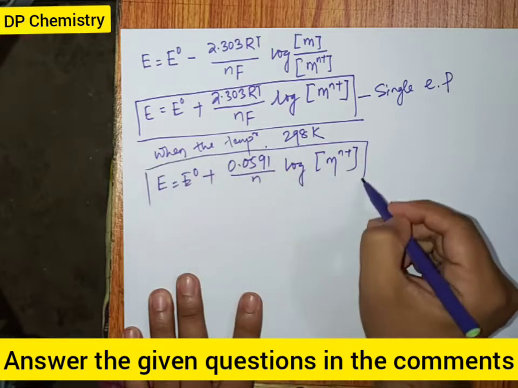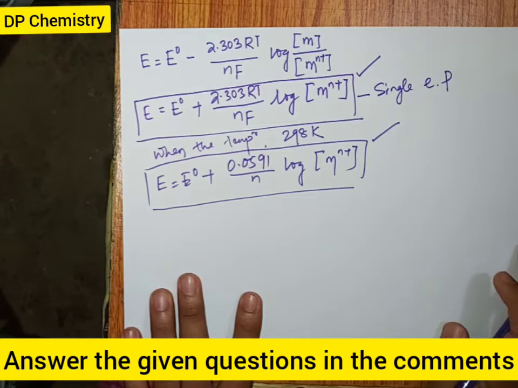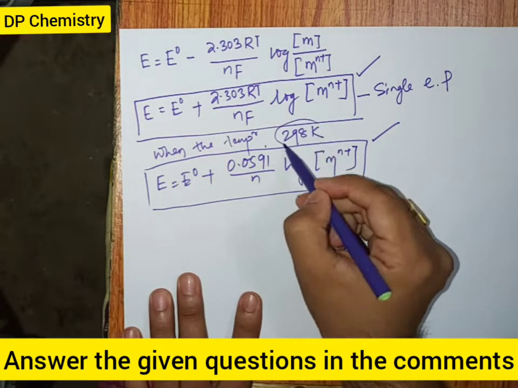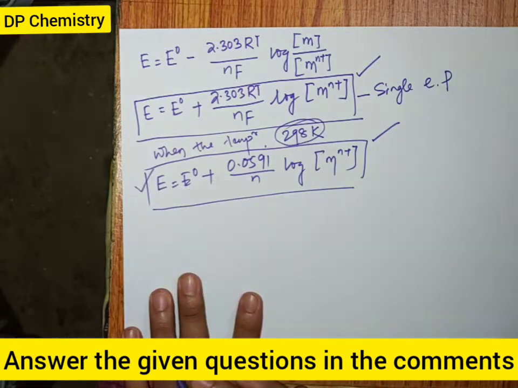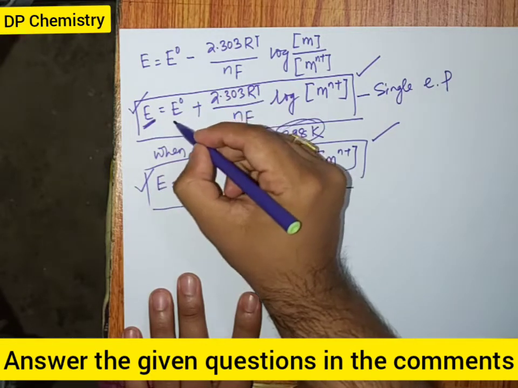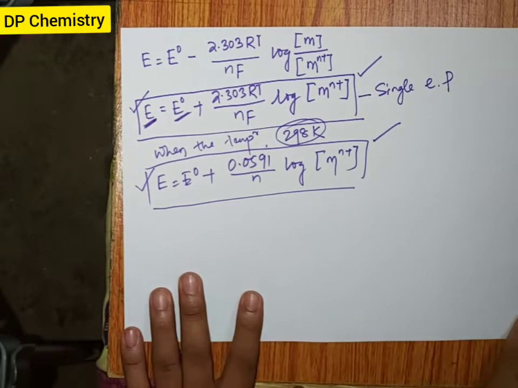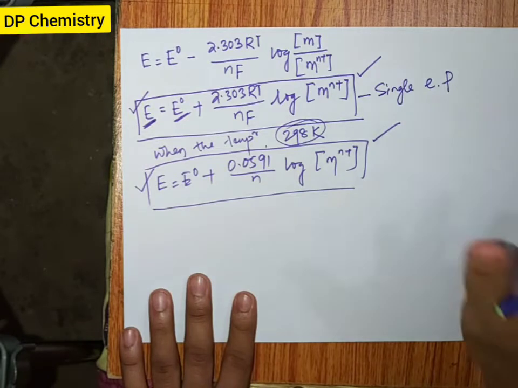This is easy to remember. You have to remember these two equations, and if the temperature is given as 298 Kelvin, then you just put this equation. Here E is the reduction potential and E naught is the standard reduction potential, as I already mentioned. This is for a single electrode potential.